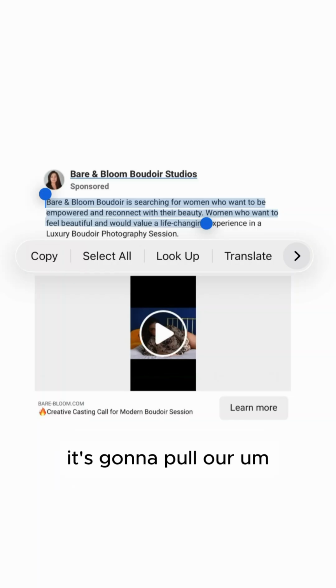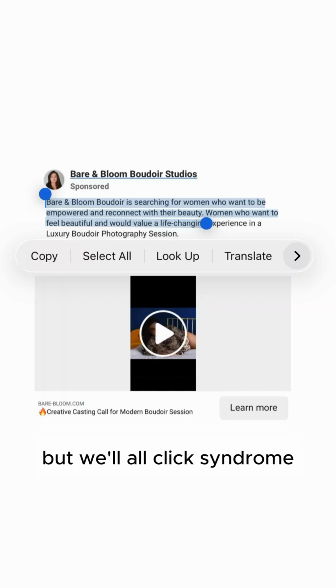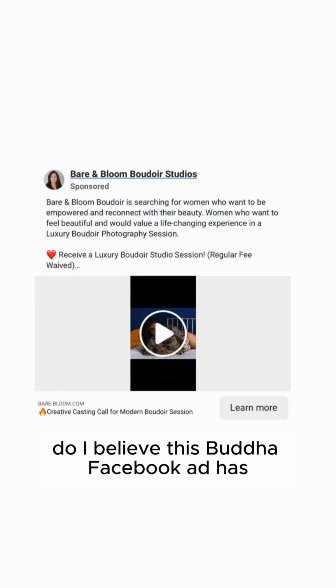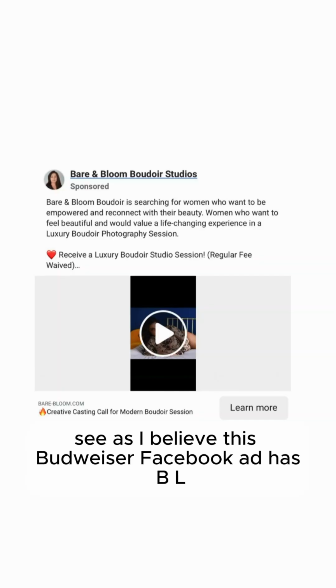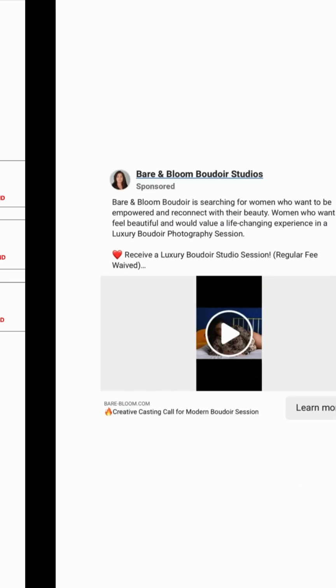It's going to pull our unique CTRL under 6% and contribute to BLCS, Boudoir Low Click Syndrome. So taking all of this into account, do I believe this Boudoir Facebook ad has a unique CTRL under 6%? Yes, I do. So yes, I believe this Boudoir Facebook ad has BLCS, aka Boudoir Low Click Syndrome.